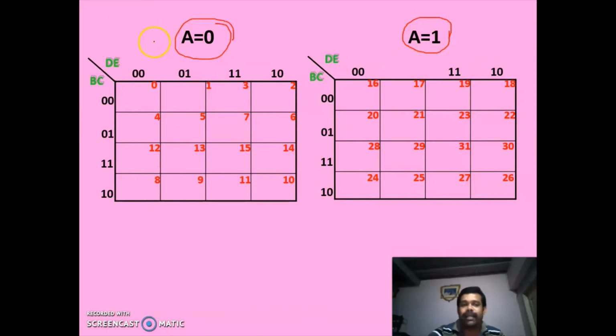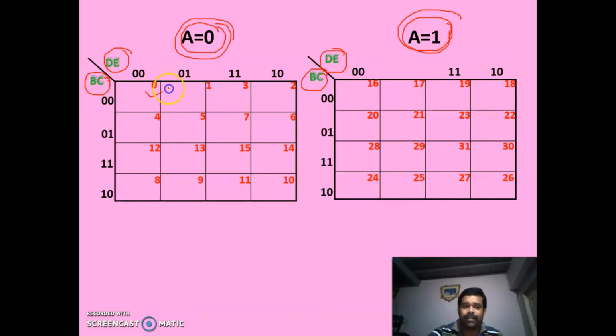So we are implementing the 5 variable map by using 4 variable maps. Here in this 4 variable map we are taking the variables B, C and D, E. Here also we are taking B, C, D, E.